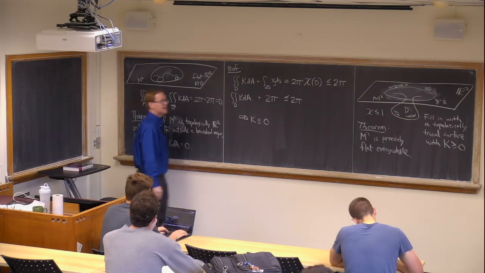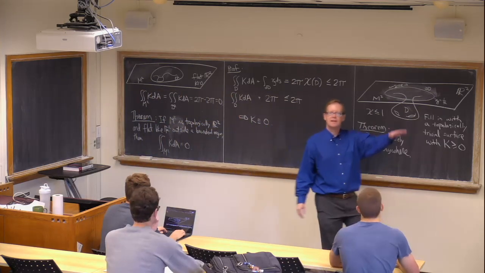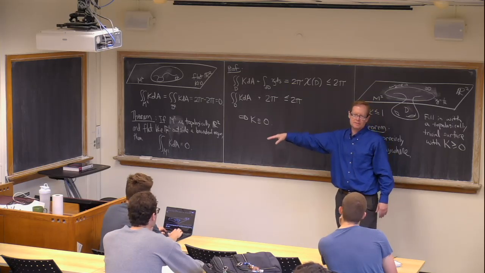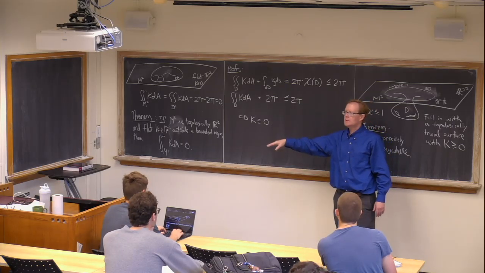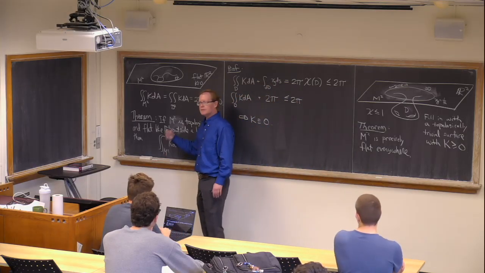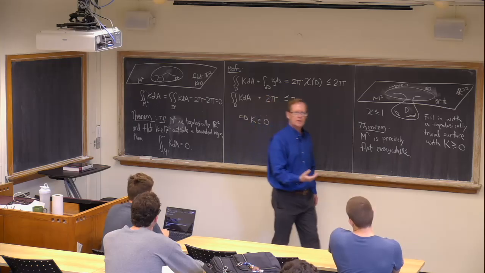It's saying that you can have some negative Gauss curvature over here, but you're going to have to average it out with some positive Gauss curvature over there. Fair enough? And then you can see that this other thing we proved is a corollary. That's because if k is greater than or equal to 0 everywhere, then k must be identically 0 everywhere.